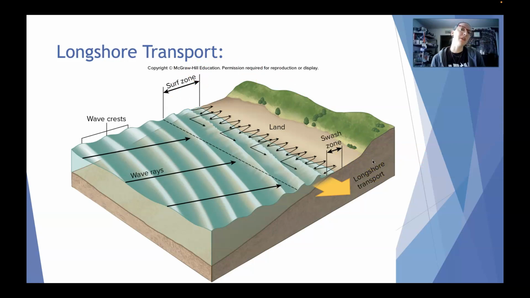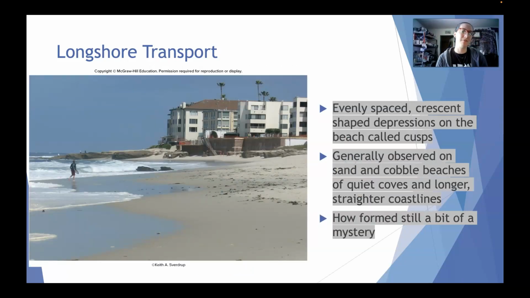If you've ever been to a pretty long beach and you've seen a wavy pattern in how the sand is, with these little up and down movements, we believe the longshore transport is what helps show that. And that's what this picture here is trying to show. We have these evenly spaced crescent shaped depressions on the beach, and we call those cusps.